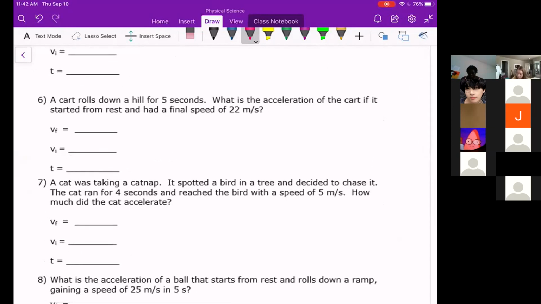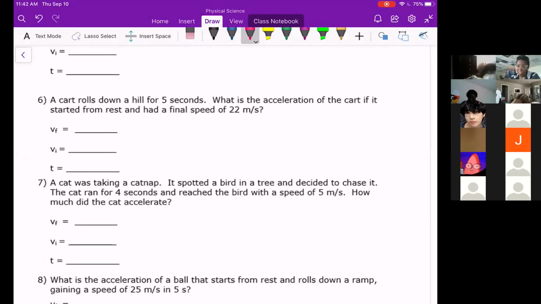All right, number 6: a cart rolls down a hill for 5 seconds. What is the acceleration of the cart if it started from rest and had a final speed of 22 meters per second? All right, take a couple minutes, see if you can work through that one. And then I am coming back to Lena. I'm also coming to Faith and Kaylee.